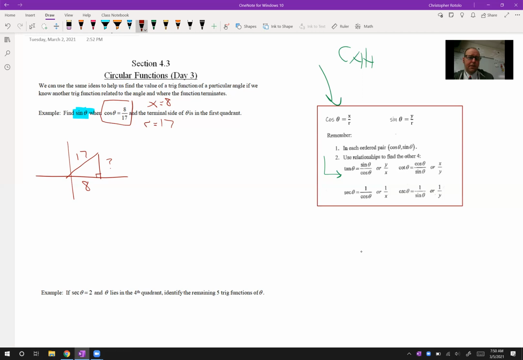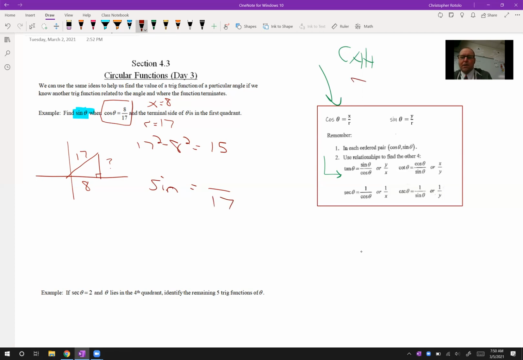So what are we going to do? It's a right triangle, so 17 squared minus 8 squared gives us the missing side squared. We end up with 225, and the square root of that gives us 15. That means we can answer the rest, because we know the sine is still going to be over the radius or the hypotenuse.